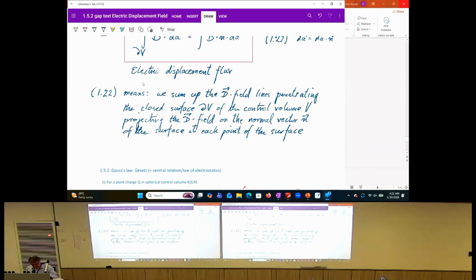Basically, we have with 1.22 the flux of the displacement field through the surface, same thing in short here.